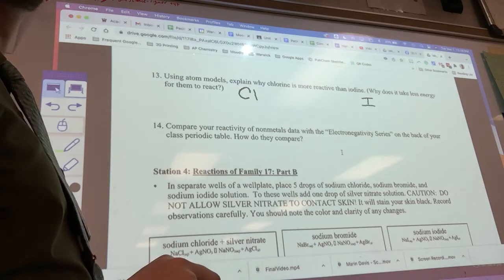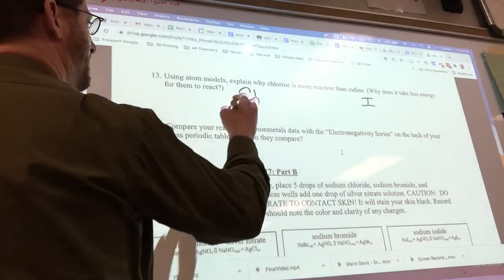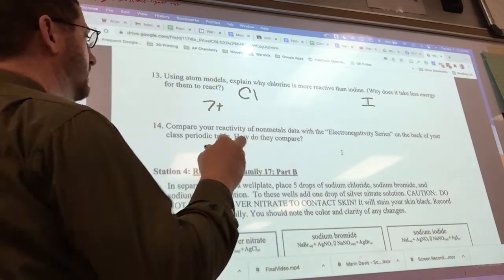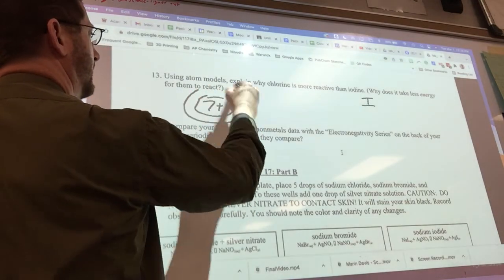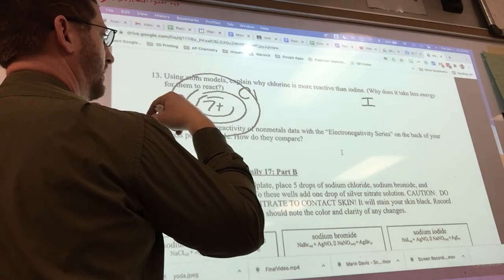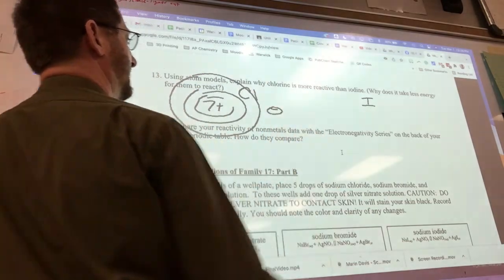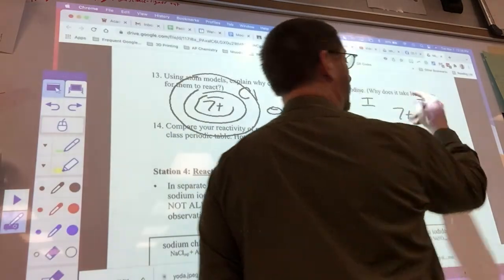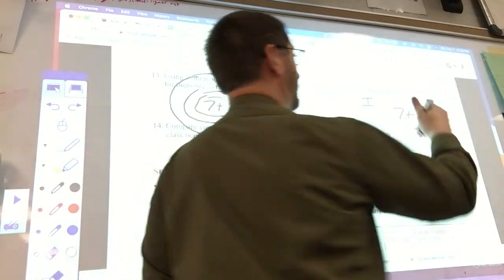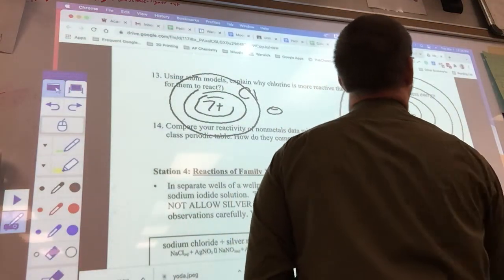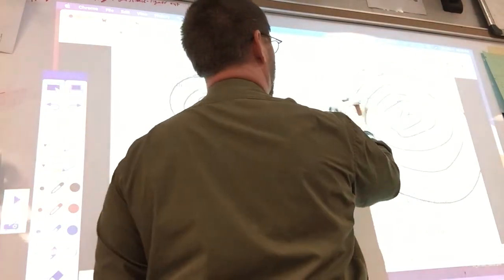Column 17, 7+. How many rings of electrons? 3. And are we losing electrons or gaining electrons? Yeah, so here's this electron we're trying to steal. And iodine would be a 7+ with 5 rings, correct? Tell me why chlorine is more likely to steal that electron.